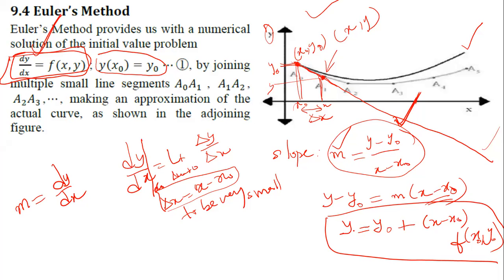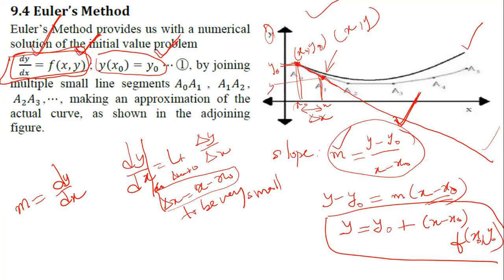But in this Euler method for solving the differential equation, we consider the initial point x naught y naught, and we do not know the functional form of y in terms of x yet. So let's say we have some arbitrary functional form, something like this. The only known parameters are this differential equation and this initial condition.